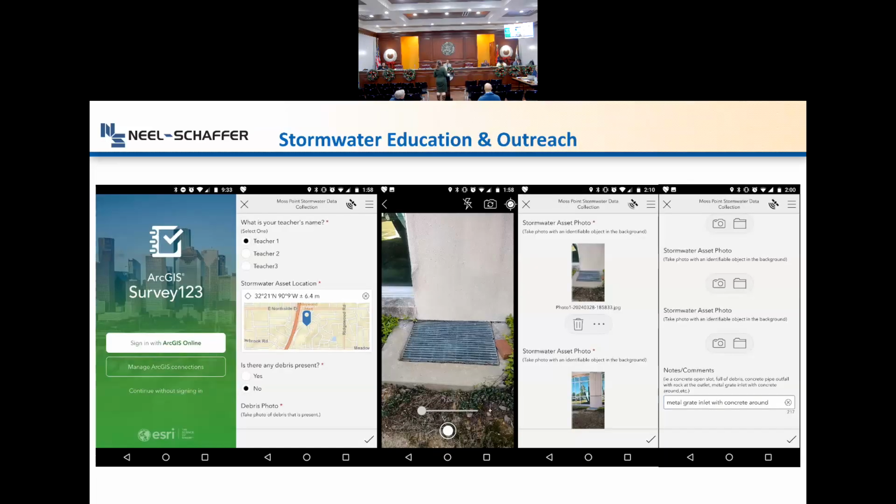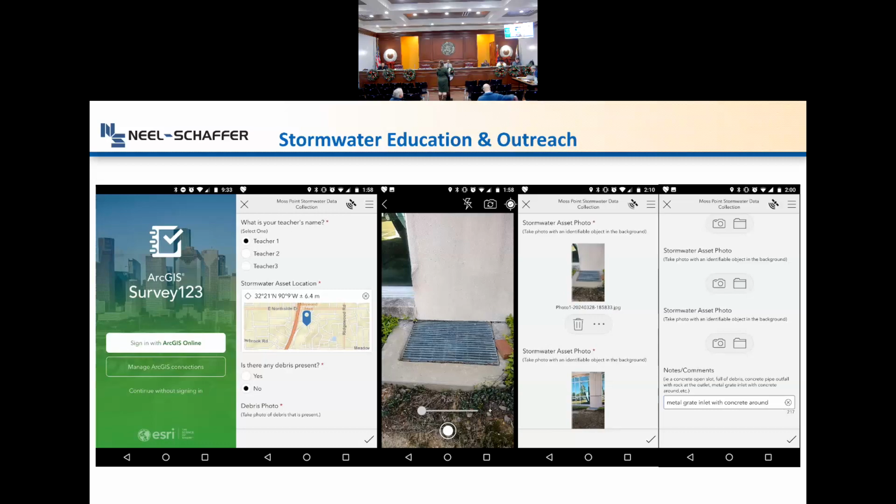This is a view of what we created. So we used the Survey 123 app, completely free. It integrates with our Esri, with our GIS. And what we did was, this is how we created the competition. They got to choose their teacher, and then basically, just like your smartphone when you're driving or whatever, you have your maps up and your little car goes.